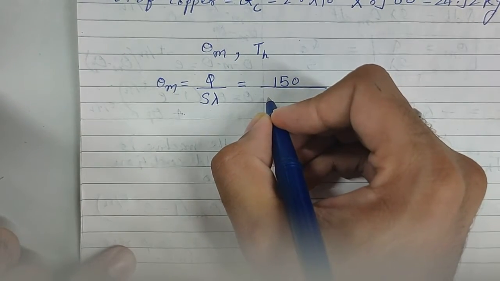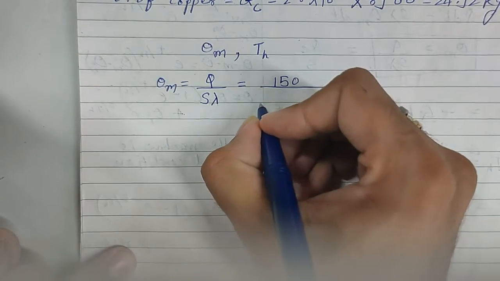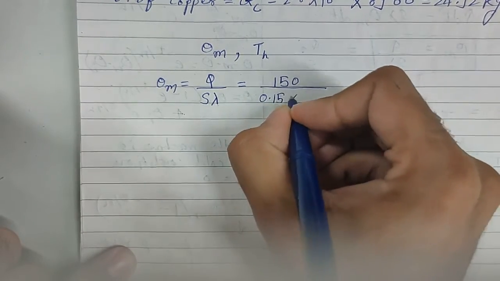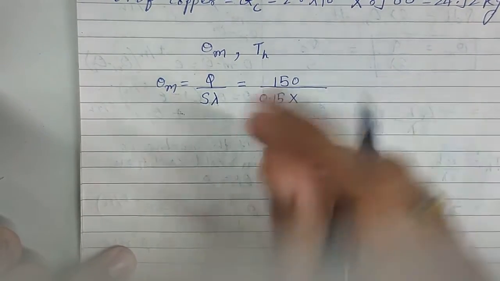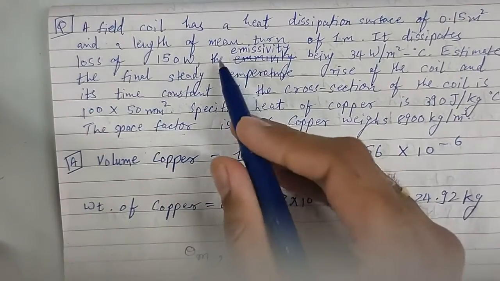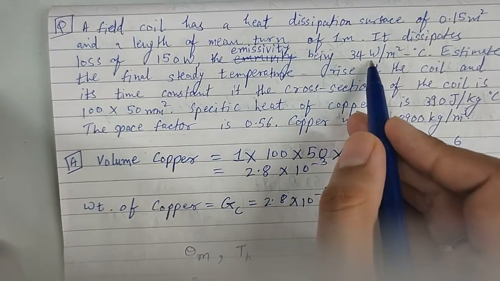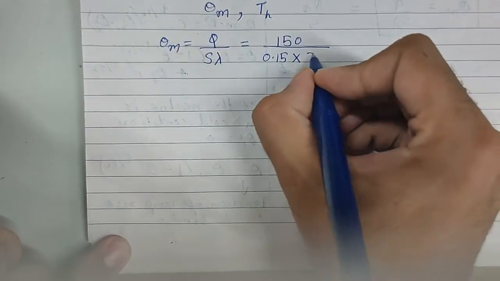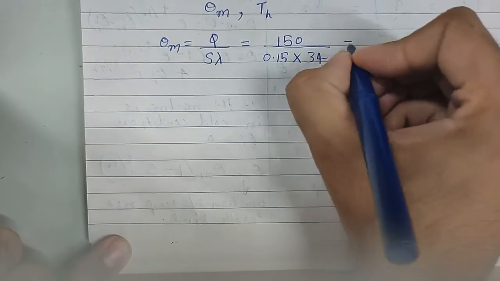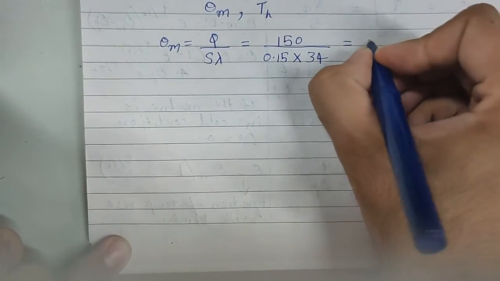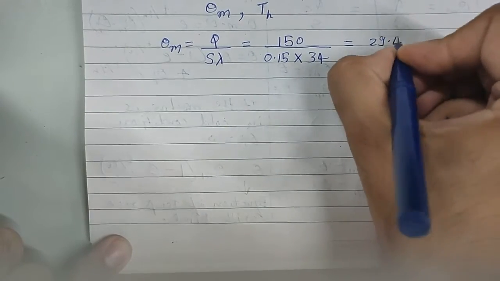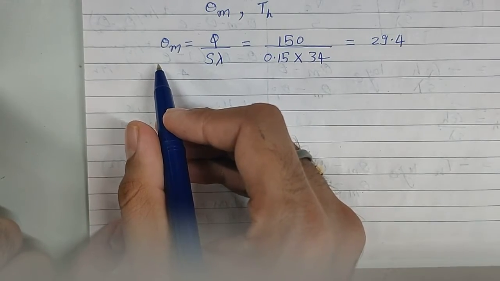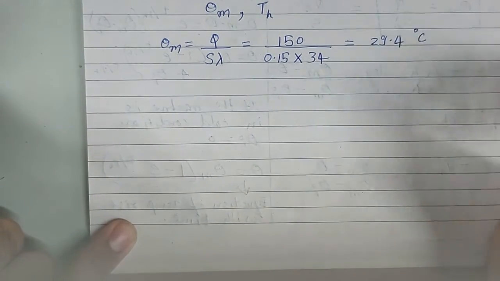S is the surface which is dissipating that heat, that is 0.15 meter square, multiplied by lambda, the emissivity, which is 34 watt per meter square degree centigrade. If you calculate this, you get 29.4. Theta m is the final steady temperature rise, so this is in degree centigrade.